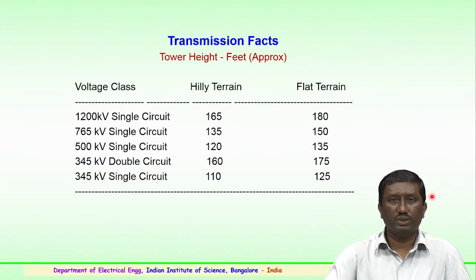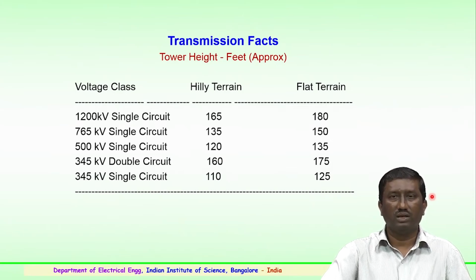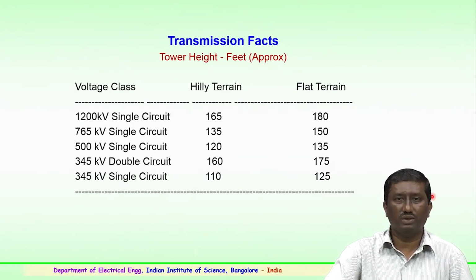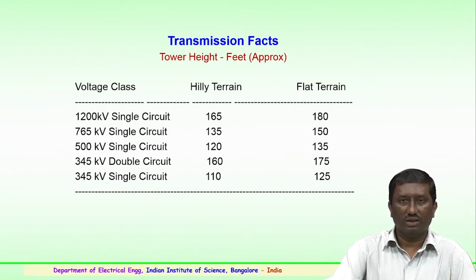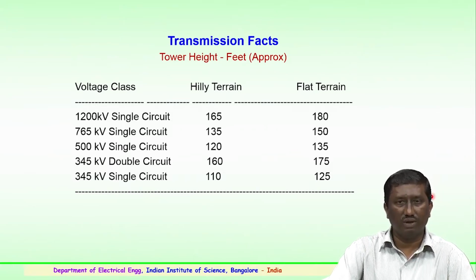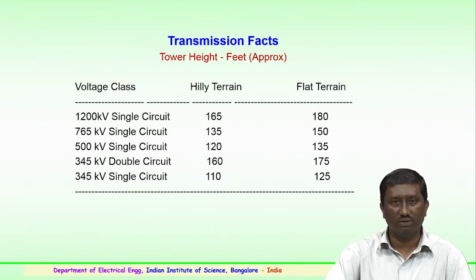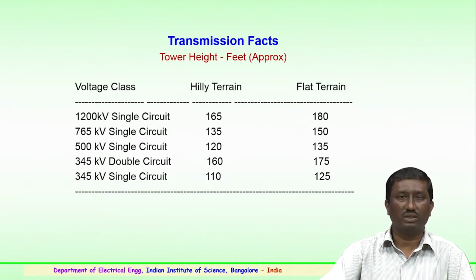So, some transmission facts. This gives the idea of the total height of the tower, with brief information for 400, 500, 765 and 1200 kV towers.